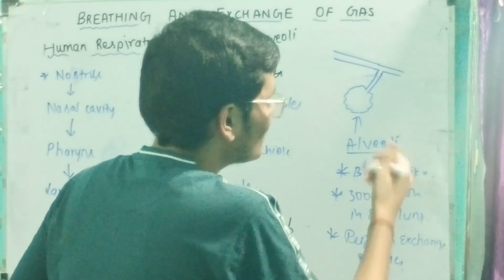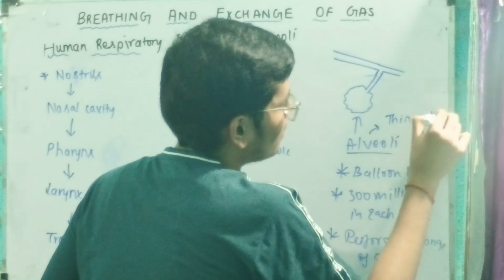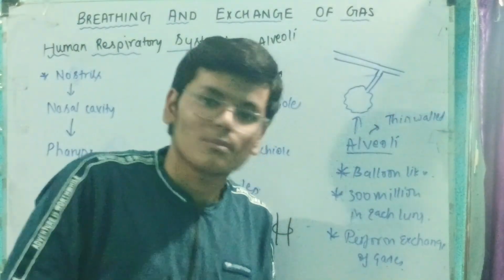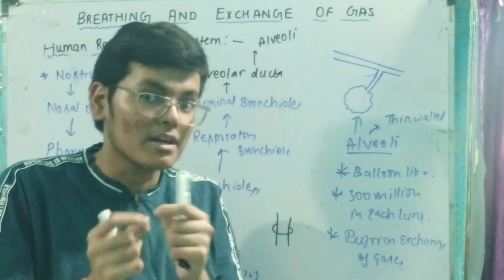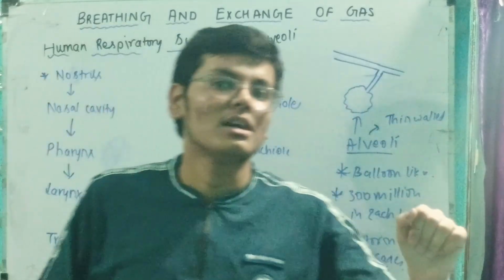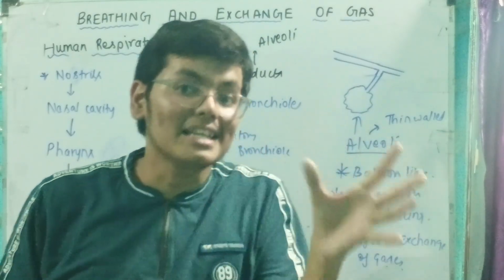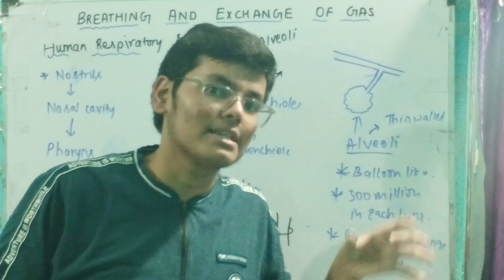Now, this alveoli is actually very thin walled. Why is it thin walled? For an obvious reason: it has to perform diffusion. We have learned in the tissues chapter as well about squamous tissues, and in squamous we have the simple squamous epithelium tissues.